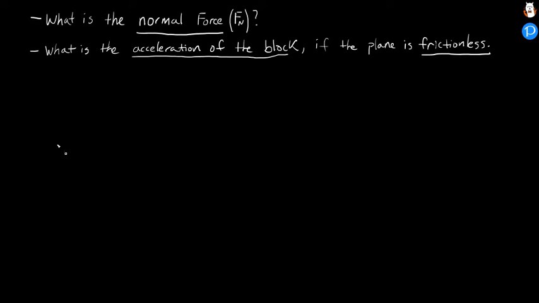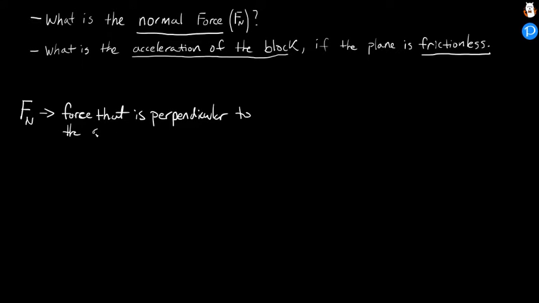What's the normal force? Well, remember that we learned that the normal force is the force that is perpendicular to whatever surface it's sitting on. So force that is perpendicular to the surface it's on.